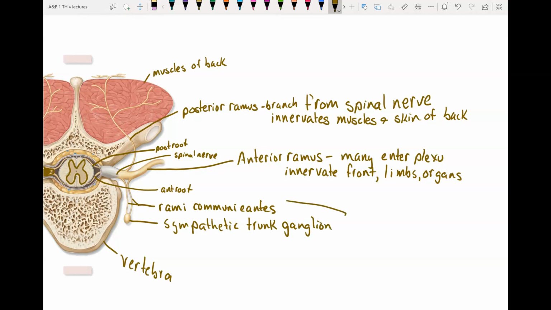This is a special path for your autonomic motor. So the autonomic motor neurons' axons are going to come out of their lateral horn through this anterior root, through the spinal nerve, and then they're going to come like this through rami communicantes down here to the sympathetic trunk.